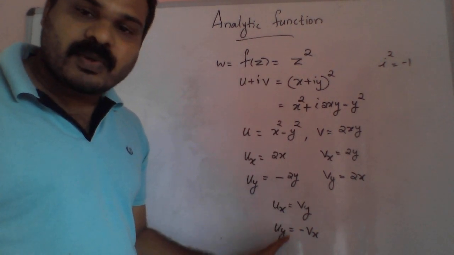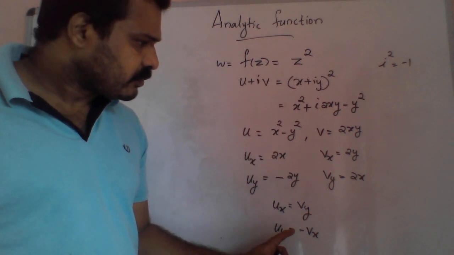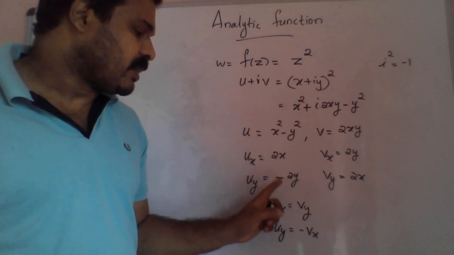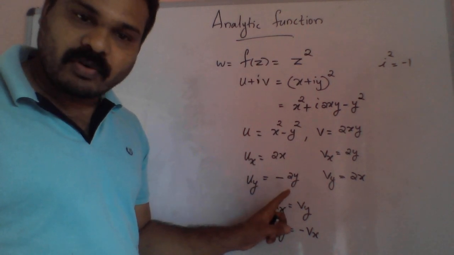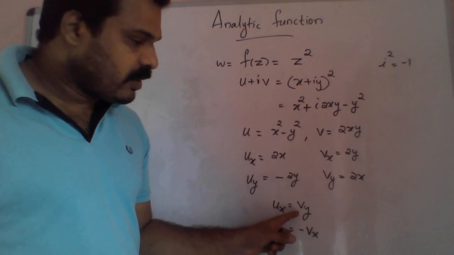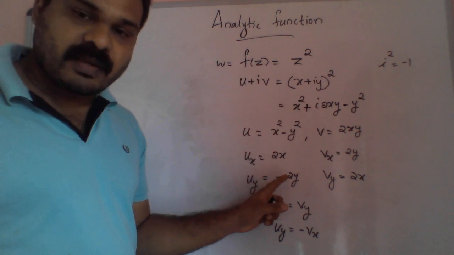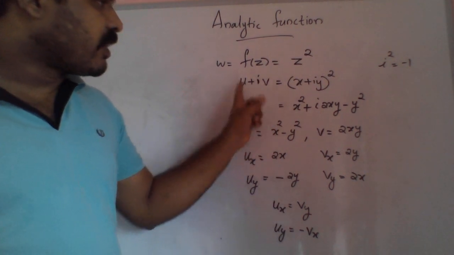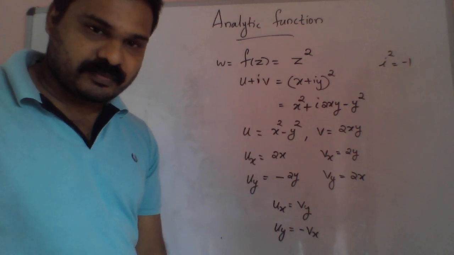So the Cauchy-Riemann equations are satisfied. And also the partial derivatives, 2x and 2y, are both polynomials and they are continuous. So Cauchy-Riemann equations are satisfied and partial derivatives are continuous. So this function f of z equal to z square is an analytic function.